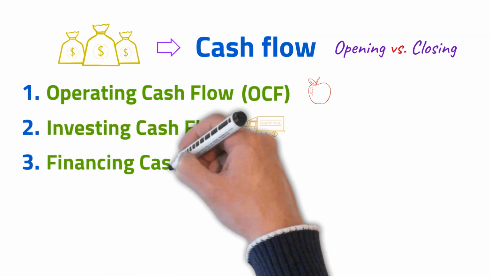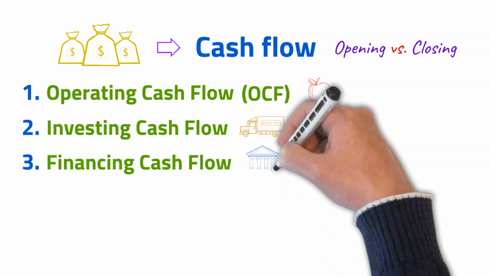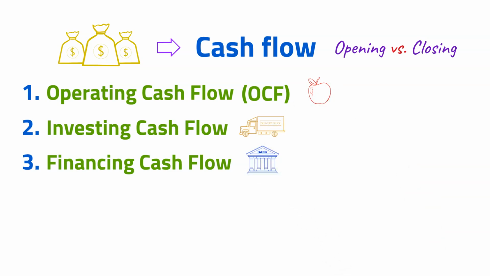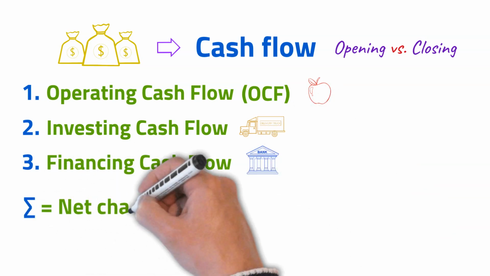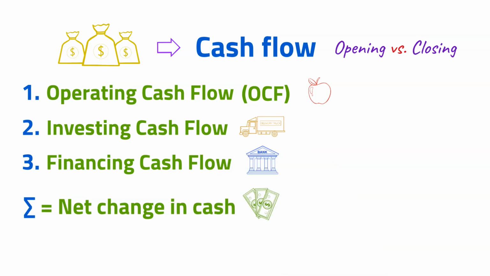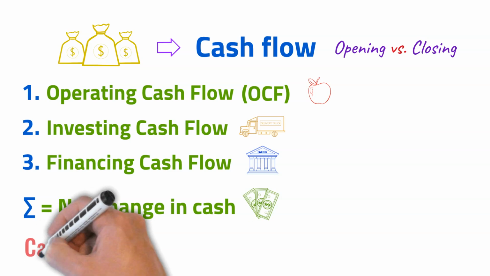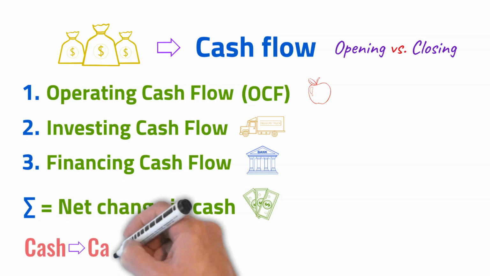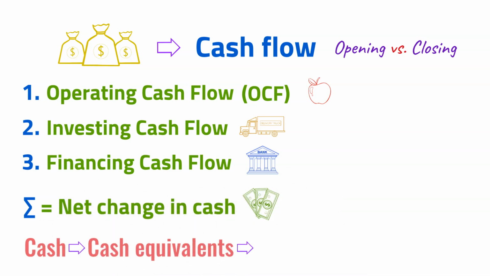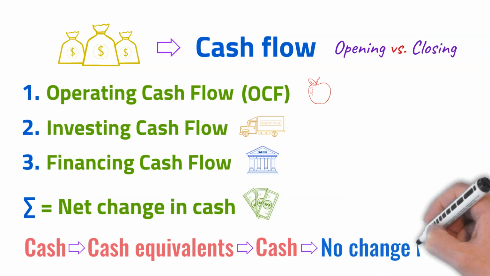And financing activities, loans, repayments, dividends, share buybacks. And only items that qualify as cash or cash equivalents sit in the opening and closing totals. Moving money between different buckets which are still cash or cash equivalents does not change total cash and cash equivalents and is not appearing on the cash flow statement.